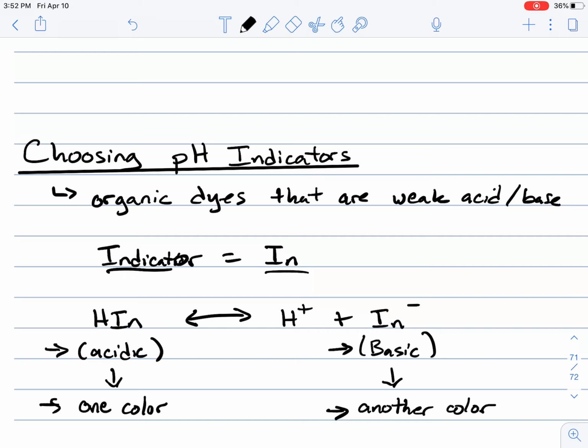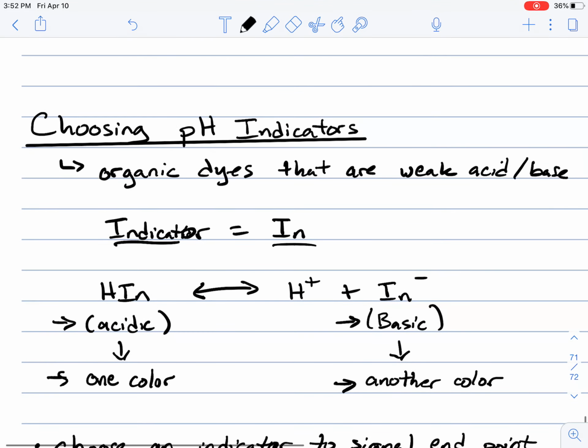So for example, like phenolphthalein, right? Phenolphthalein went from colorless to pink, and if we went in reverse, we can go from pink to colorless if our analyte solution was basic to begin with.